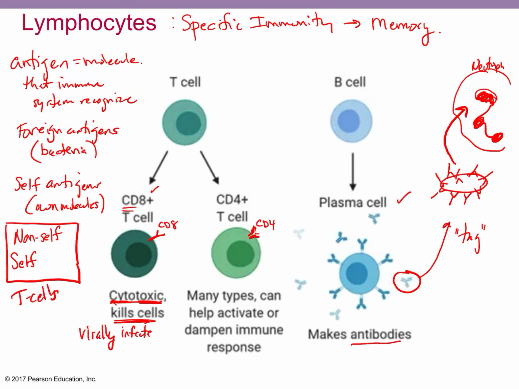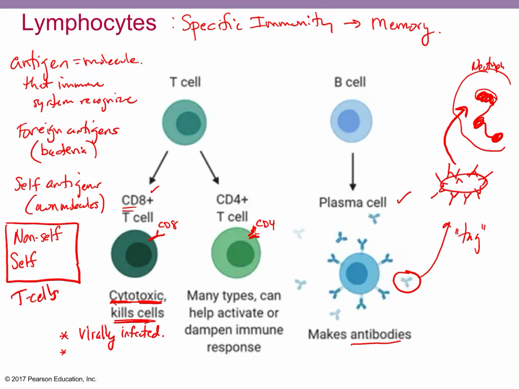So these are going to kill cells, and they're very active against virally infected cells because viruses actually go inside your cells. And then they hide inside your cells and they reproduce inside your cells. So your cells will actually look a little different. They're going to have different proteins on the surface when they're virally infected.